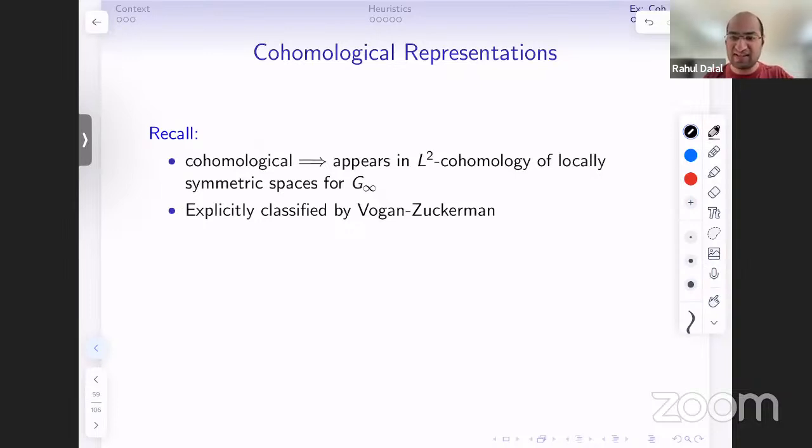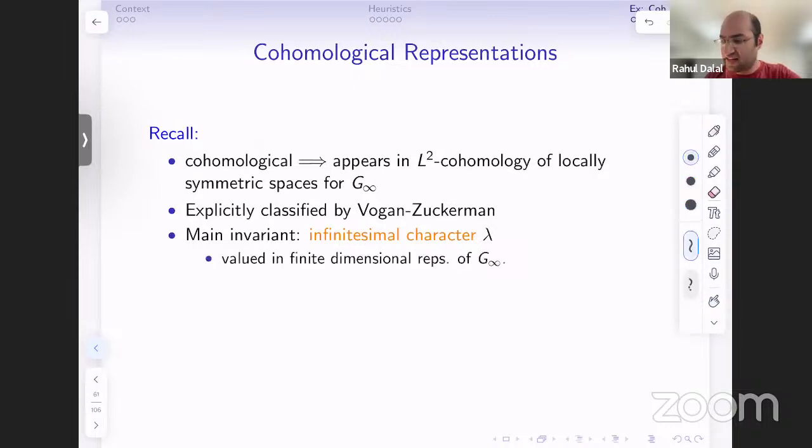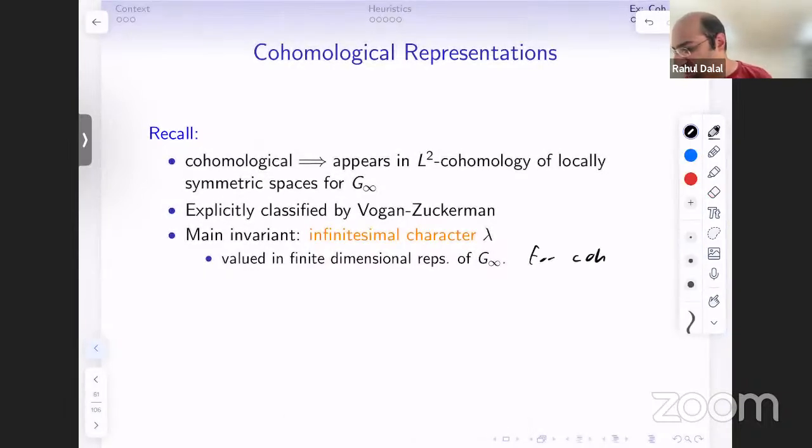They've been explicitly classified by Vogan and Zuckerman, and I guess there's some extra work of Salamanca-Riba showing that this classification actually exhausts everything unitary. And the main invariant, again, is this infinitesimal character, which we'll denote by lambda. For cohomological representations, just like for discrete series, this infinitesimal character is valued in finite dimensional representations of the group at infinity.